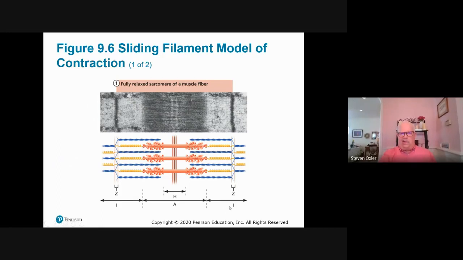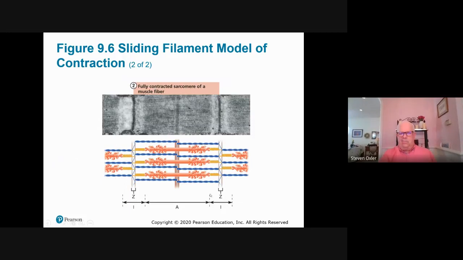When the muscle contracts, the H zone goes away. The I bands become closer to the A bands. The Z discs become closer to each other and shorten. And these form cross bridges. They form cross bridges.